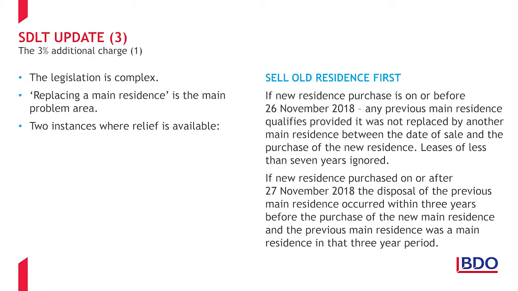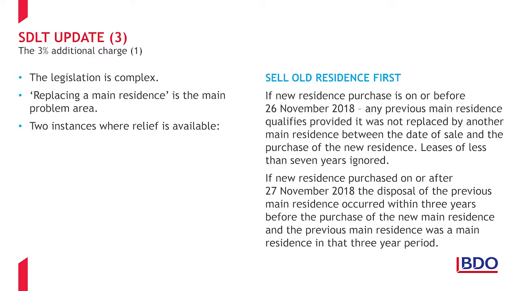If the new residence purchase is on or before the 26th of November 2018, any previous main residence will qualify, provided that it was not previously replaced by another main residence. Leases of less than 7 years occupied in the interim are ignored for this purpose.